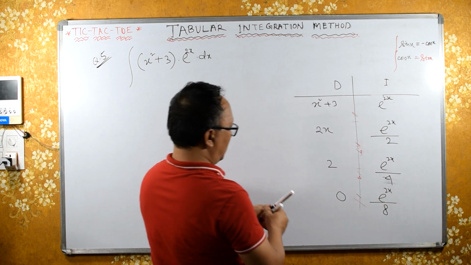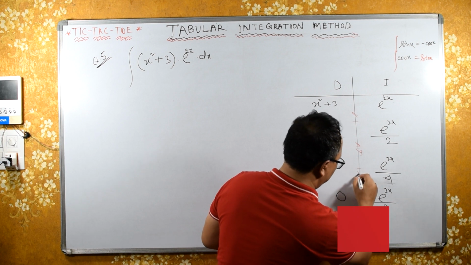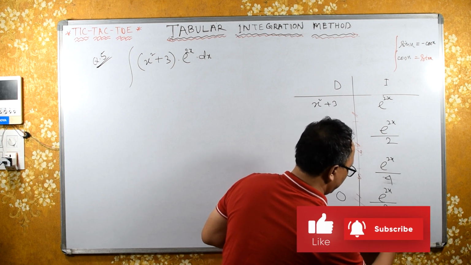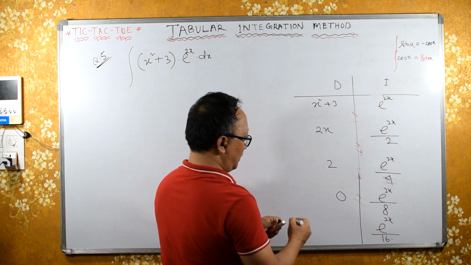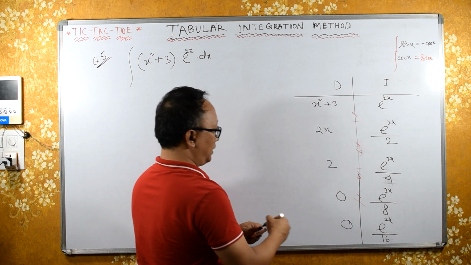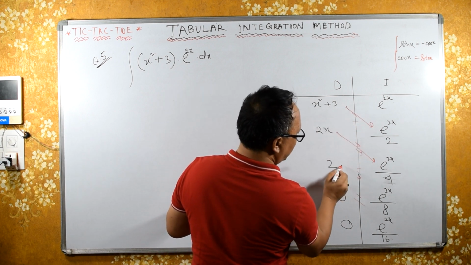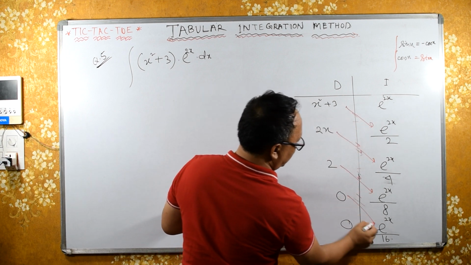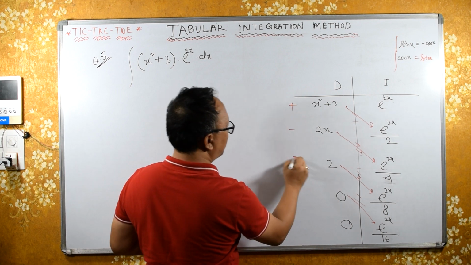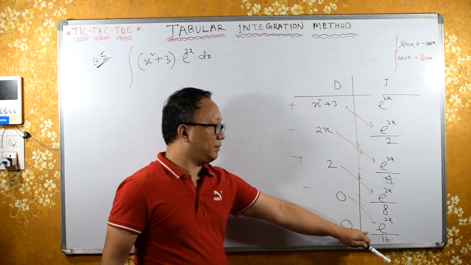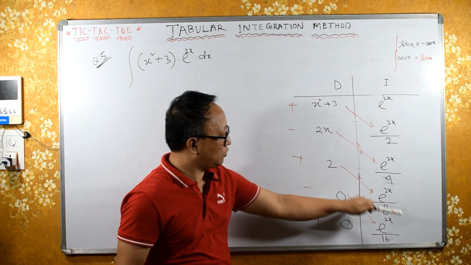Again if I integrate this, e raised to twice x, 8 to 16. Then 0 over here. Now this into this, this into this, with plus, minus, plus, minus signs. This into this becomes 0, therefore we have to stop at this term.